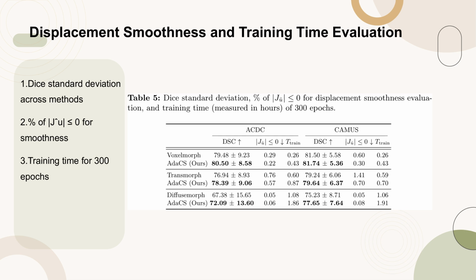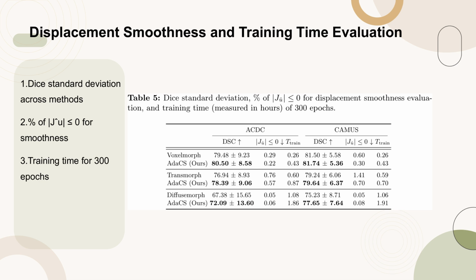Table 5 presents the evaluation metrics for displacement, smoothness, and training time across different methods. The metrics include the dice standard deviation, which measures the variability in segmentation accuracy, the percentage of estimated displacements with a negative Jacobian determinant, J less than or equal to 0, which indicates the smoothness of the deformation, and the training time required for 300 epochs.